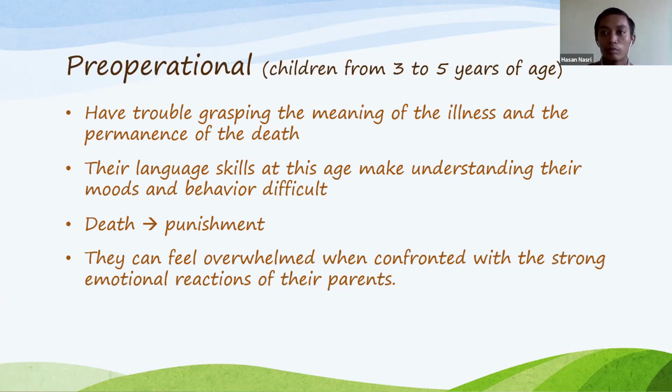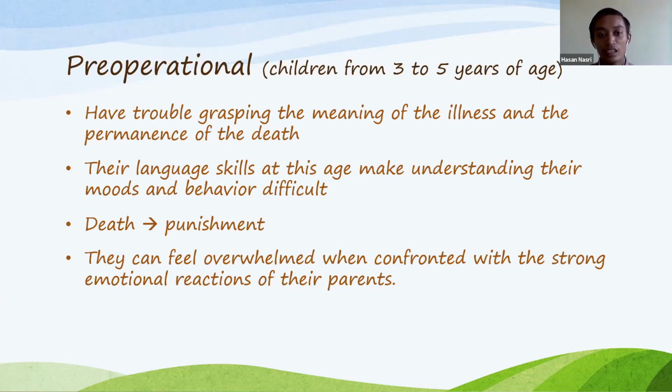they still cannot form abstract or logical thinking, and they may think that it is like a punishment. For example, older siblings who are jealous of their younger siblings' attention feel guilty, because these are the stages where the children might feel guilty.